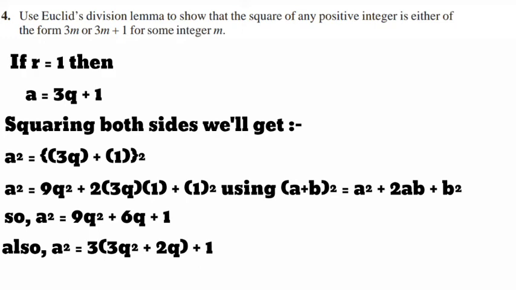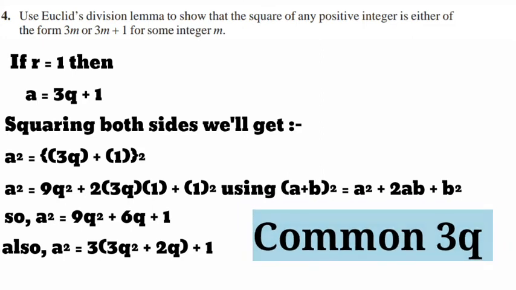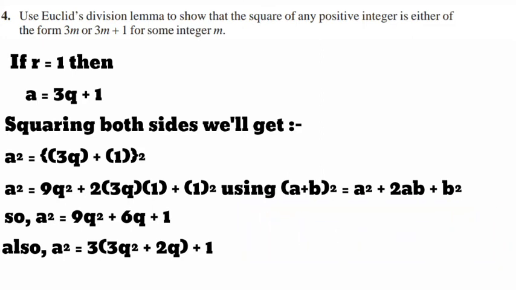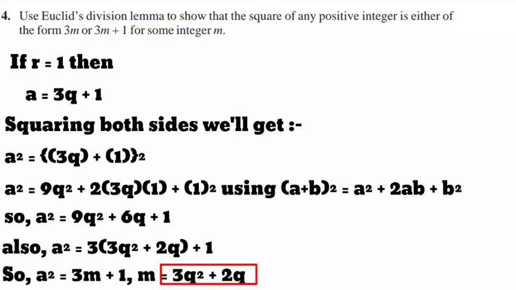I know some of you can make a silly mistake of taking q as common. Guys, we don't need to do it, as we have to make it 3m, not 3qm. Now by taking m as 3q square plus 2q, our a square becomes 3m plus 1.